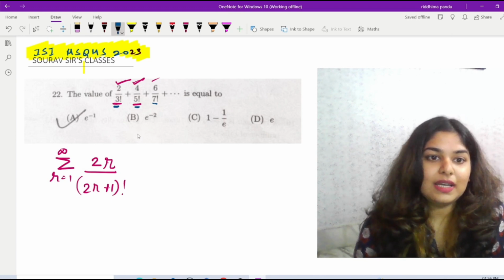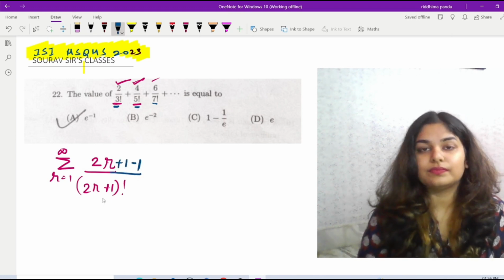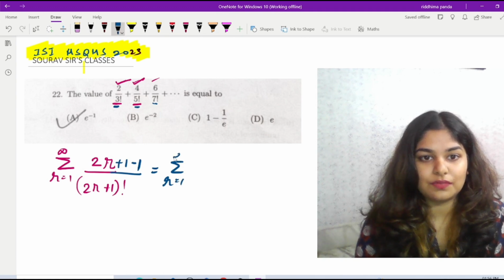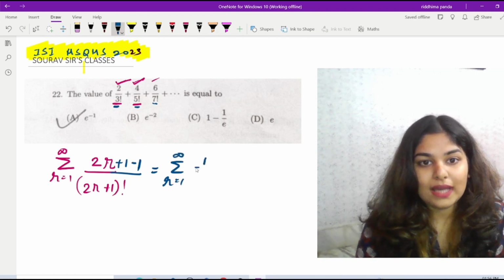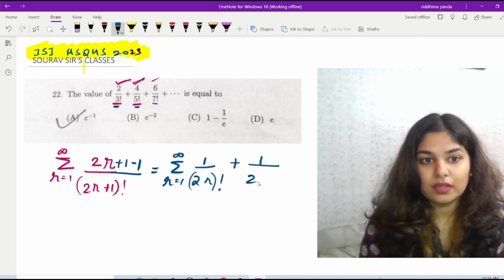Now let us add and subtract 1. So now this can be written as summation r is equal to 1 to infinity 1 by 2r factorial plus 1 by 2r plus 1 factorial.